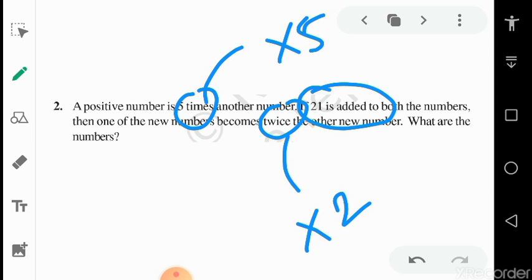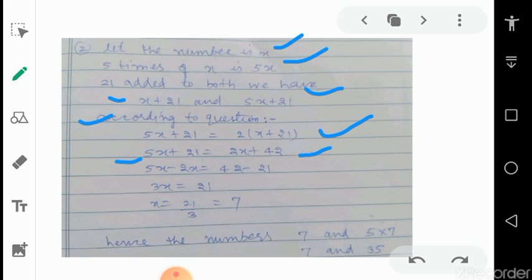Now see the solution. Let the number be x, then the other number which is 5 times is 5x. As I told you, 5 times means multiply the number by 5. If 21 is added to both the numbers, we have x plus 21 for the first number and 5x plus 21 for the second number.